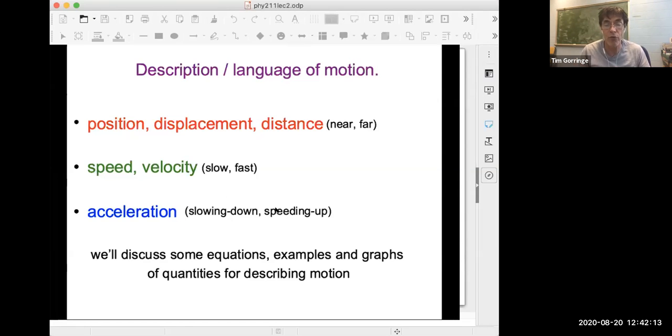You already have an everyday notion of these quantities that describe motion. The only reason I'm here is to put some rigor into it, to make a more quantitative description of whether something is close by or far away, fast or slow, speeding up or slowing down. We're going to do that by writing down equations to describe these quantities, looking at examples of them, and drawing some graphs of them.